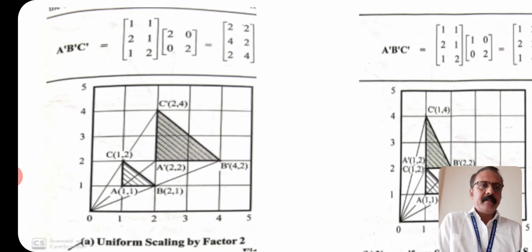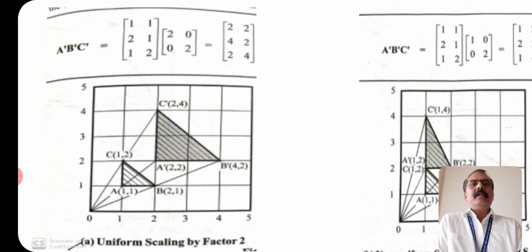The new position of triangle ABC is A dash B dash C dash, which is equal to the original matrix into the scaling matrix. The original matrix [1 1; 2 1; 1 2] into the scaling matrix [2 0; 0 2], and the product is [2 2; 4 2; 2 4].